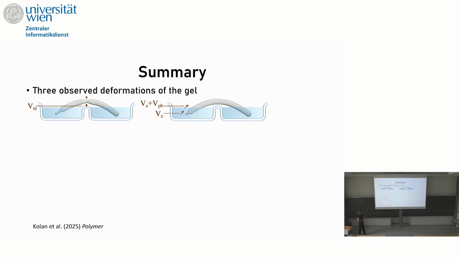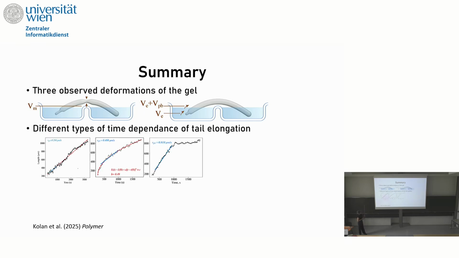The two other deformations we saw are the V edge and the V phase boundary, of course. And we saw three different types of time dependencies of the tail elongation. One was completely linear, one fit square root dependence better, and one was linear with halt.